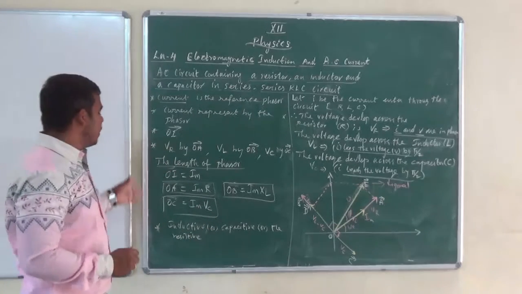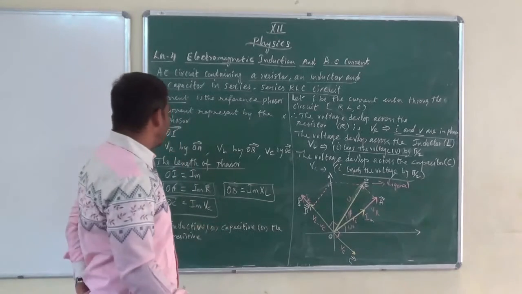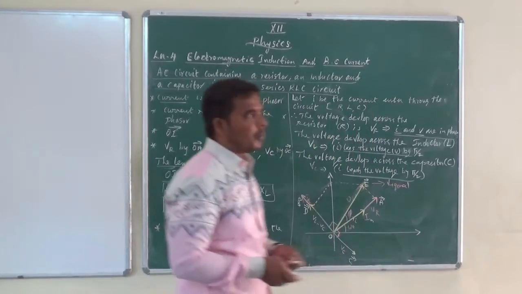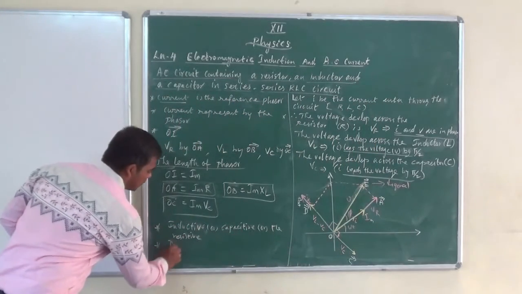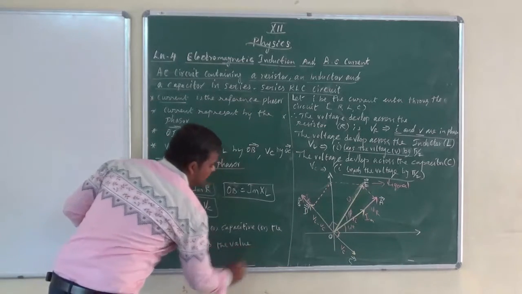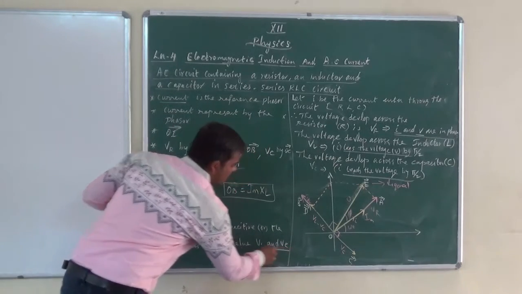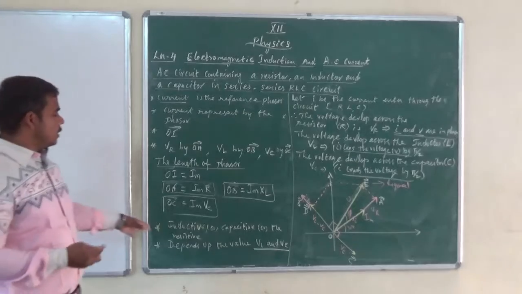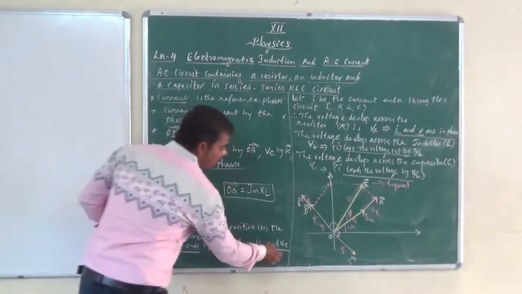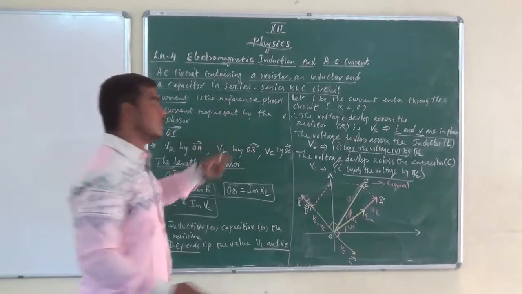The circuit offers capacitive, resistive or inductive behavior, depending upon the values of VL and VC. This is very important. So the circuit offers inductive, capacitive or resistive behavior, and all three depend on VL and VC. So I will write this one.